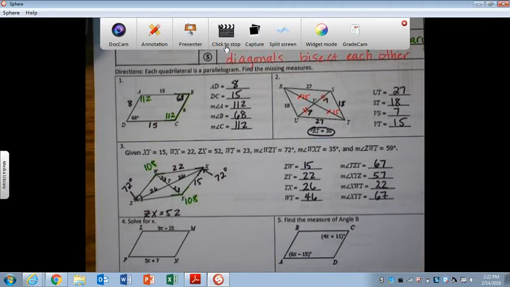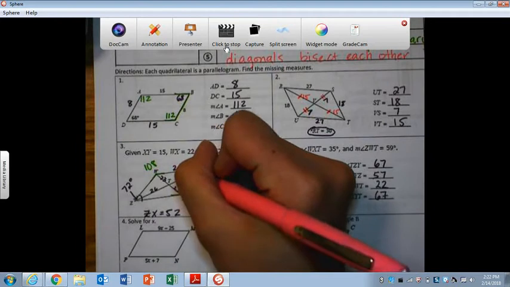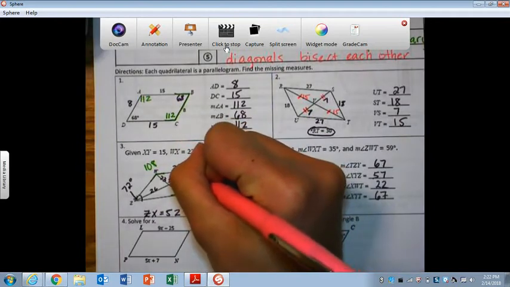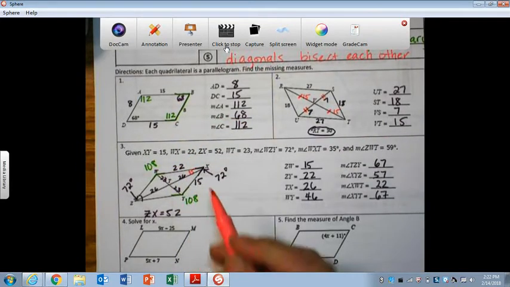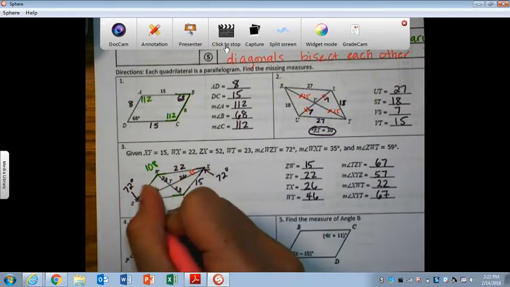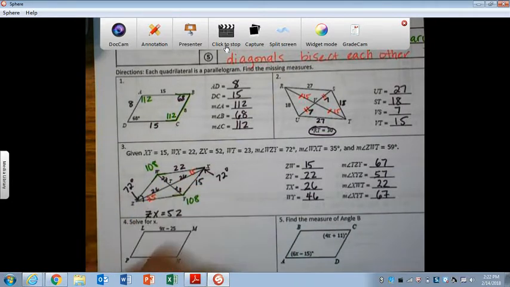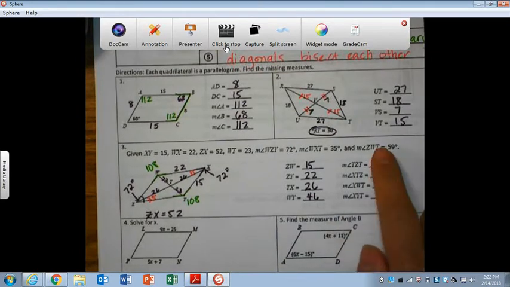One thing I forgot to mention is that they also gave you that WXT, this little puppy in here, is 35. Okay. So because of alternate interior angles, this is also going to be 35. And then this right here, ZWT, is 59.